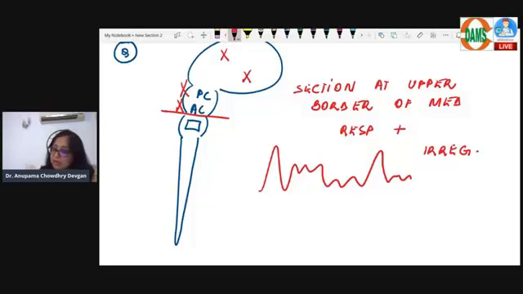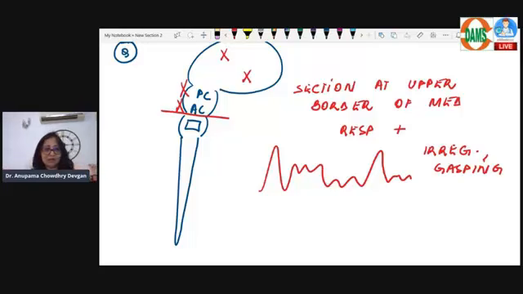It is going to be irregular and gasping type of respiration, irregular in both rate and depth. And I typically describe this as a classroom without a teacher, isn't it?